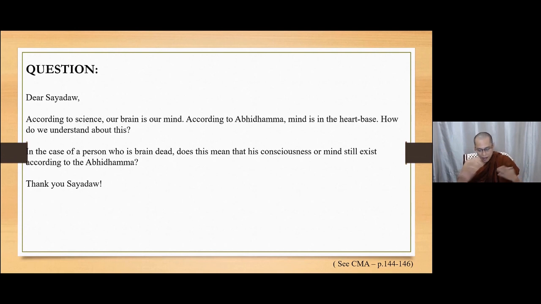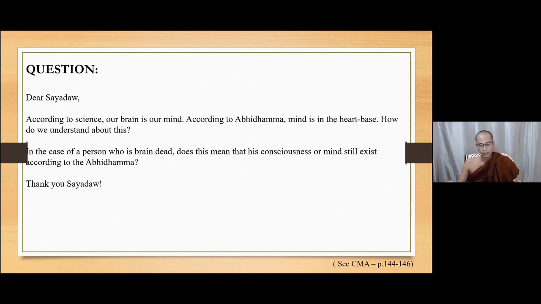When science develops more and more, to a level enough to identify all of the Abhidhamma, they will find the connection between the heartbeat and brainwave in producing the mind, and how they relate to each other.